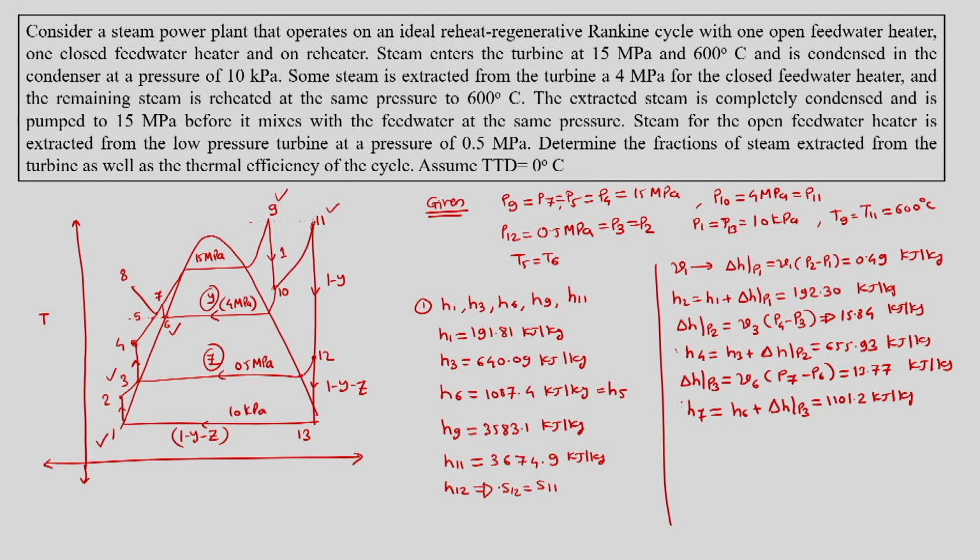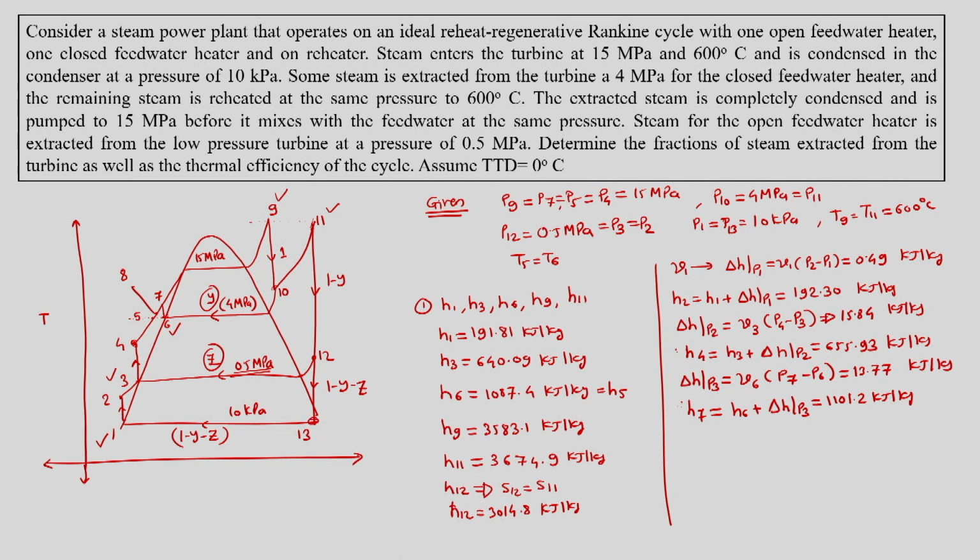At 0.5 megapascal pressure, we will go to the superheated part and see at what temperature S11 matches S12, such that we have H12 equal to 3014.8 kilojoule per kg.